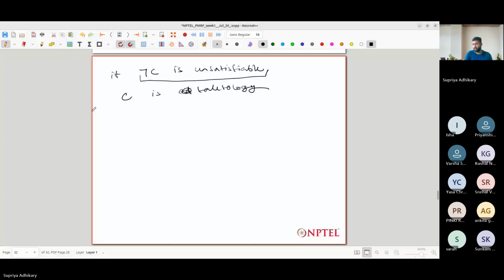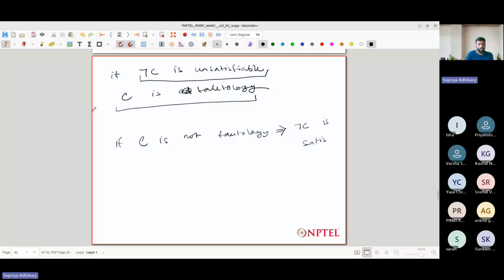then not C is satisfiable. That is what we have to prove. So what does it mean that C is not a tautology?